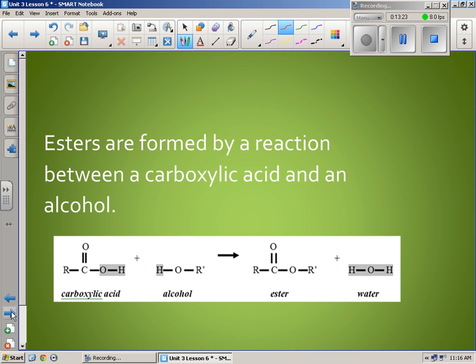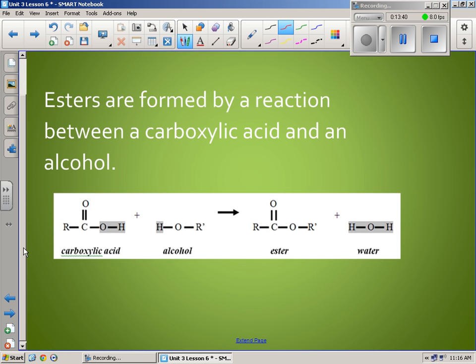Esters are formed by a reaction. Believe it or not, this type of reaction is called esterification, because you're making esters. During an esterification reaction, which we're going to talk about a little more coming up, they're made from a carboxylic acid and an alcohol. And you know what those 2 look like now.